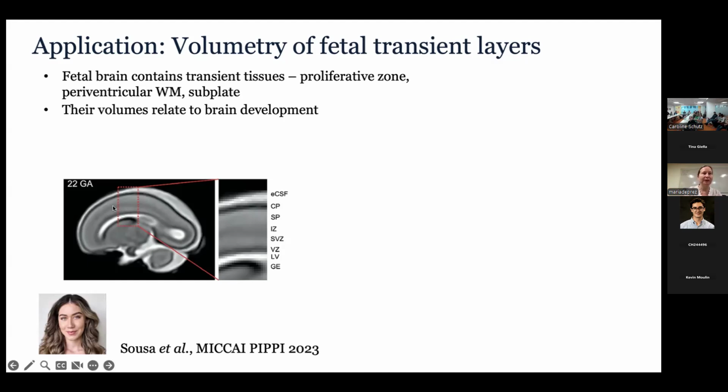And there is periventricular white matter, which we define as the high-intensity white matter, so it will be water-rich. I think it's probably lots of extracellular matrix. So parts of white matter are a bit darker, parts are brighter. The brighter on T2 means more water, and that's what we call it. Also the subplate, of course, which will be bright.